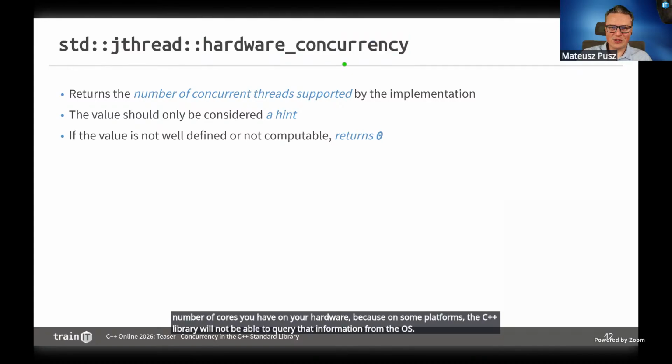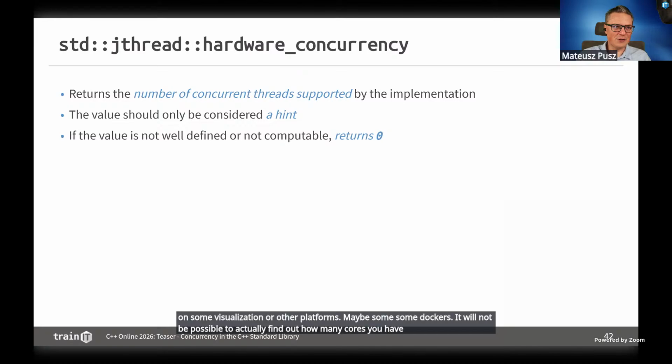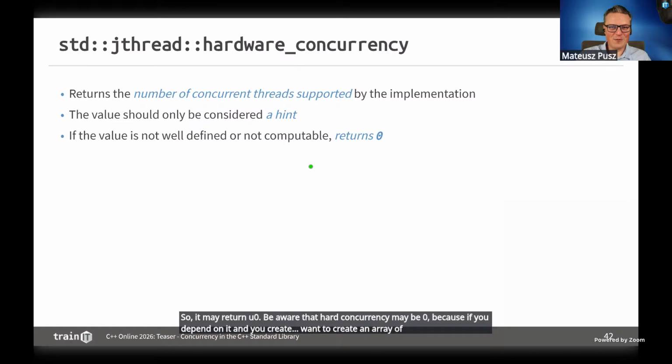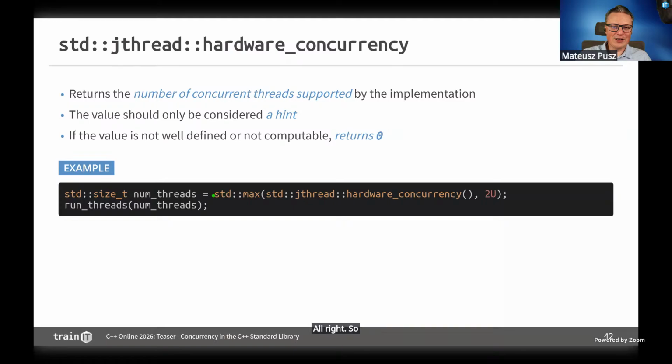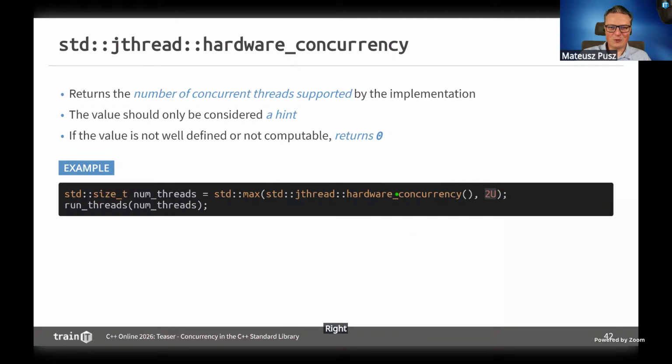On some virtualization platforms, maybe some Dockers, it will not be possible to find out how many cores you have assigned for this specific Docker, right? So it may return 0. Be aware that hardware concurrency may be 0, because if you depend on it and you want to create an array of 0 elements, you may be surprised by the results of the program. So what we typically do is run something like num threads is the max of hardware concurrency and 2. Whichever is larger, and then you create your thread pool.